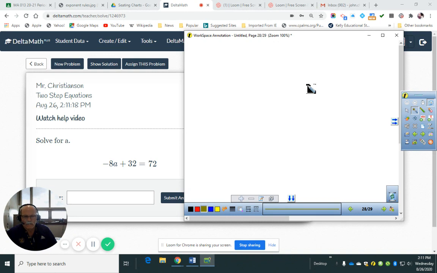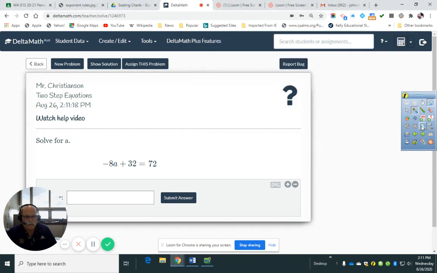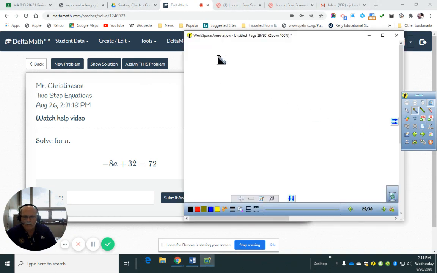So we take a look at this, right? I have negative 8a plus 32 equals 72. You have to keep in mind that we're going to start with the 32 and subtract it, because what do we want?